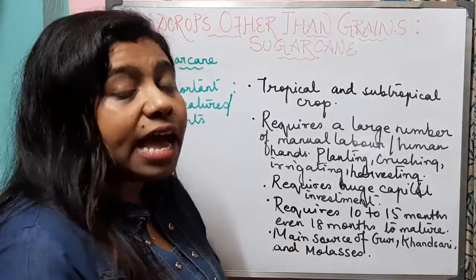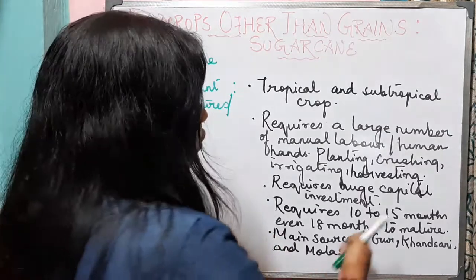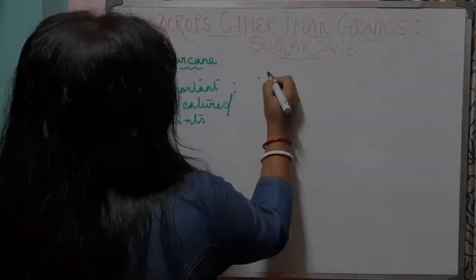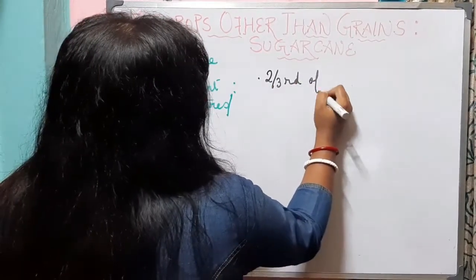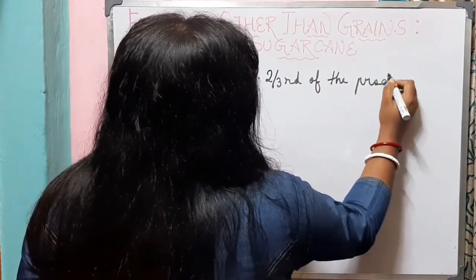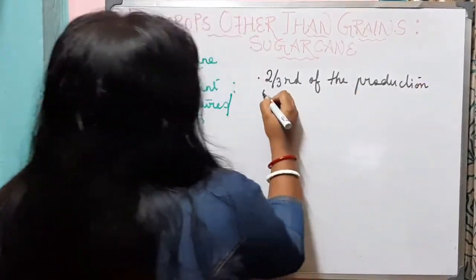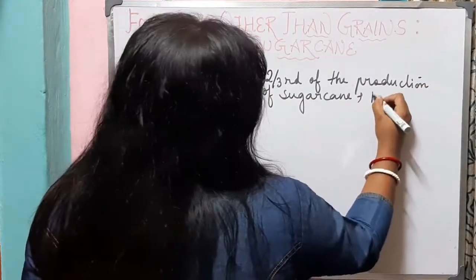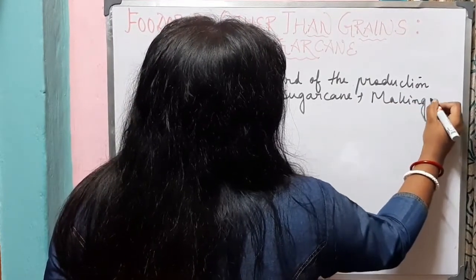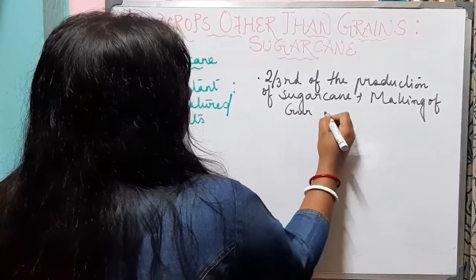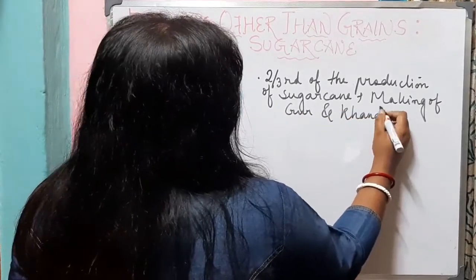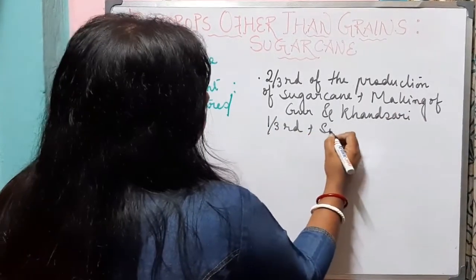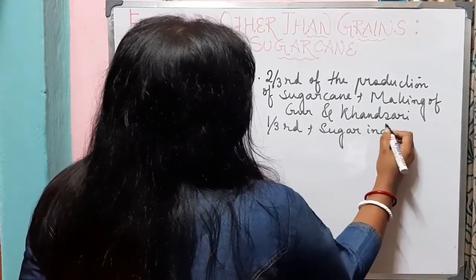Now let us see how much sugarcane is used by the gur and khansari industries and how much by the sugar industries. 2/3 of the production of sugarcane is used for making of gur and khansari, and only 1/3 is used by the sugar industry.